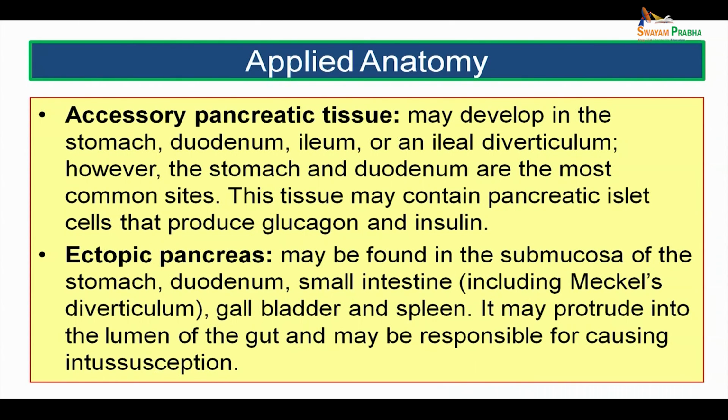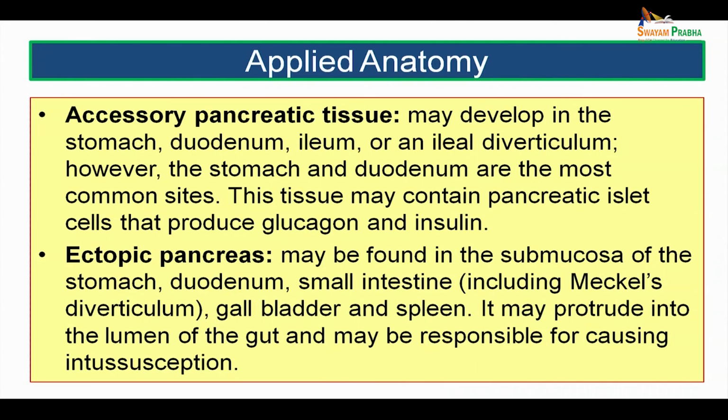Next is ectopic pancreas. This may be found in the submucosa of the stomach, duodenum, small intestine including Meckel's diverticulum, gallbladder and spleen. When present, it may protrude into the lumen of the gut tube and may be responsible for causing intussusception.